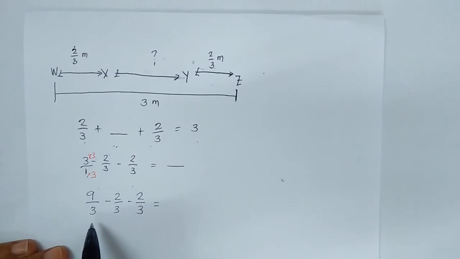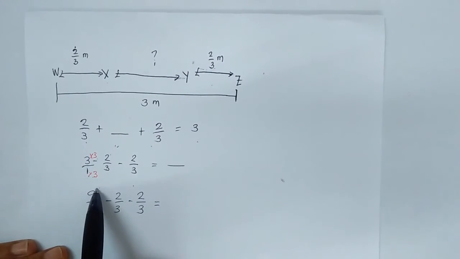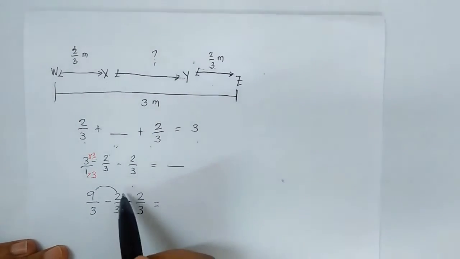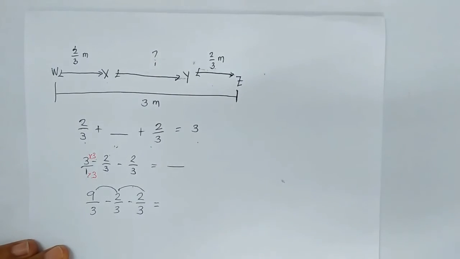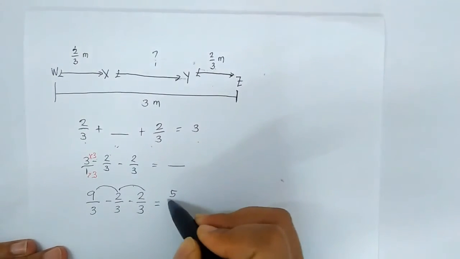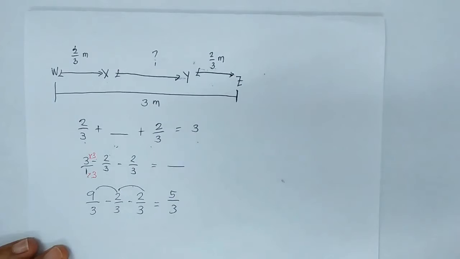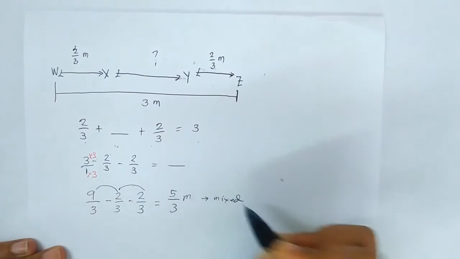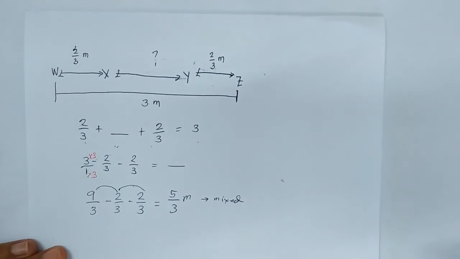So just subtract the numerators. 9 minus 2, 7. Very good. 7 minus 2, 5. 5 over 3 meters. Yes, 5 over 3 is an improper fraction, and if it is an improper fraction, we need to write it into a mixed number. How are we going to write this into a mixed number? Yes, use long division.